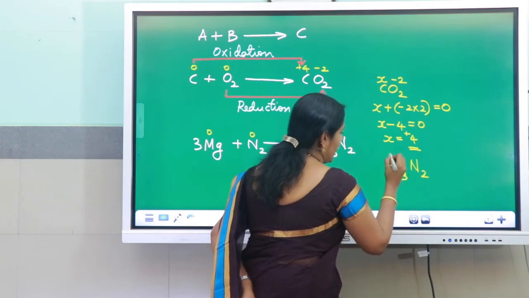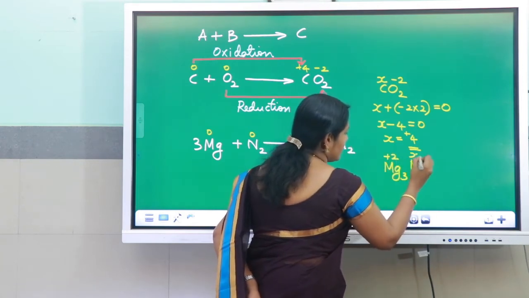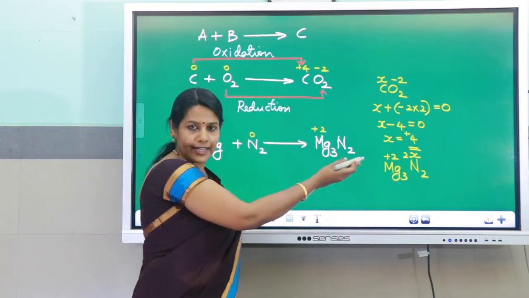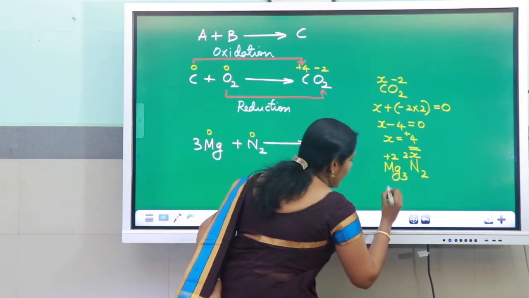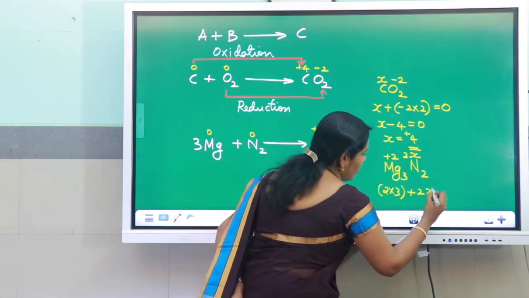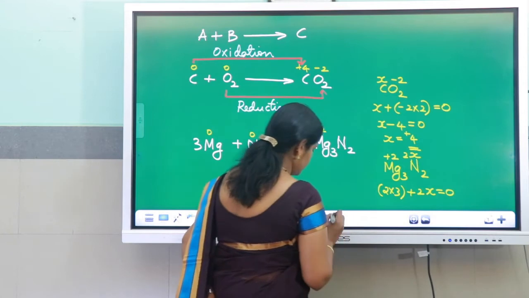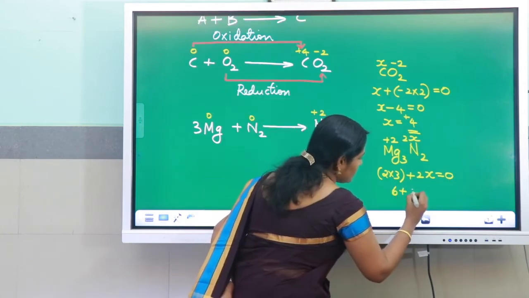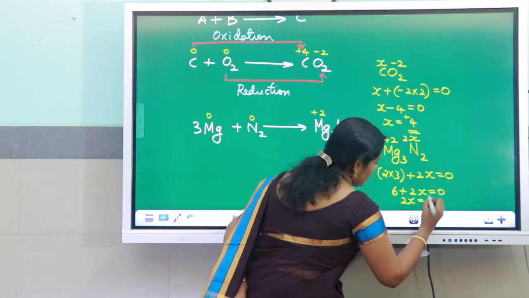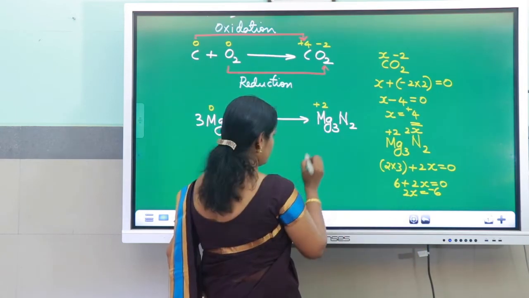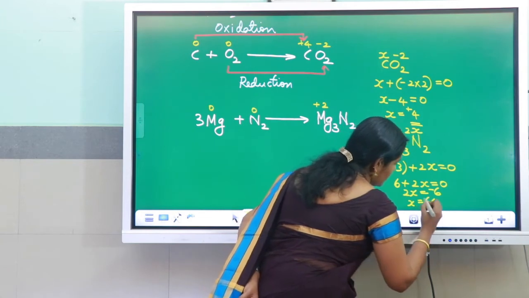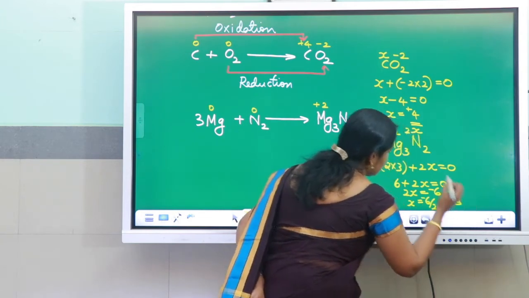In Mg3N2, Mg is plus 2 and N is X. Since we have 2 nitrogen atoms here, we will take it as 2X. So we have 2 into 3 plus 2X, all together equal to 0. So 6 plus 2X is equal to 0. Then 2X is equal to minus 6. X is equal to 6 by 2, that is minus 3.